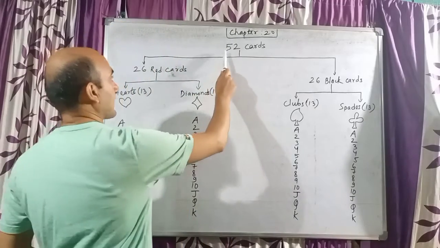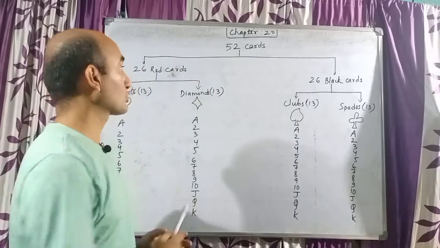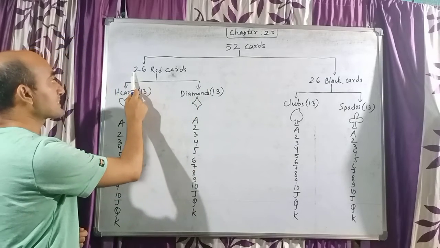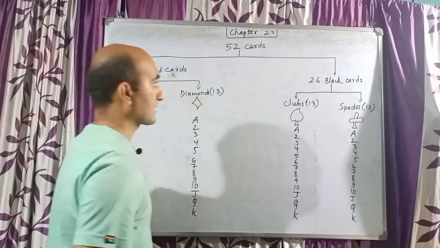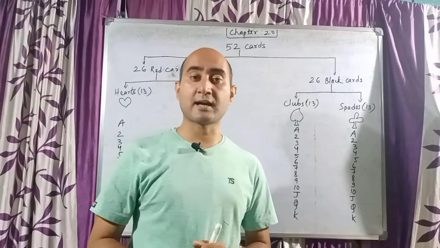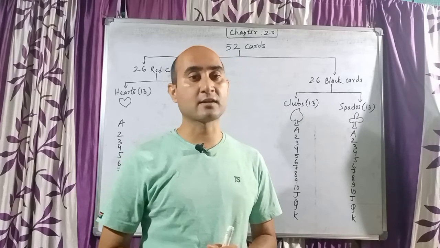So in total there are 52 playing cards. Those 52 playing cards are further divided like this: 26 red cards and 26 black cards. That means 26 cards are red in color and 26 cards are black in color.